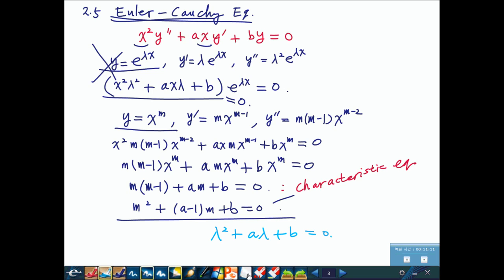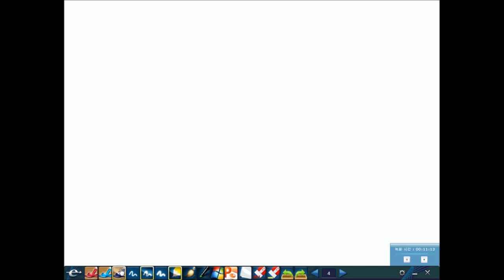And the roots of that characteristic equation are m equals 1 minus a plus or minus the square root of (1 minus a) squared minus 4b, divided by 2. That's our result. So we have three cases.